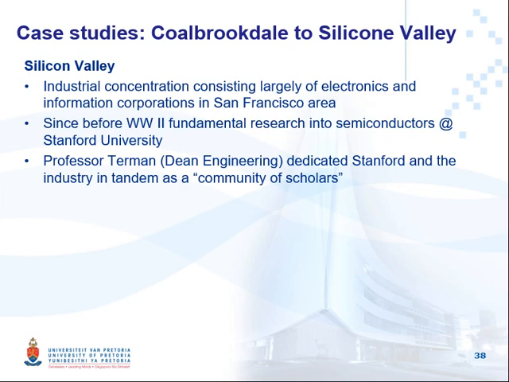Since before the Second World War, fundamental research on semiconductor technology has been conducted at Stanford University, which was keen both to spin off startup companies and to keep in close touch with them.